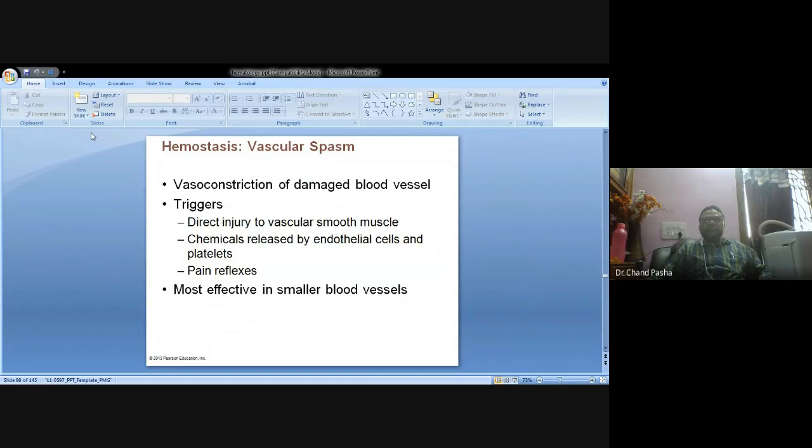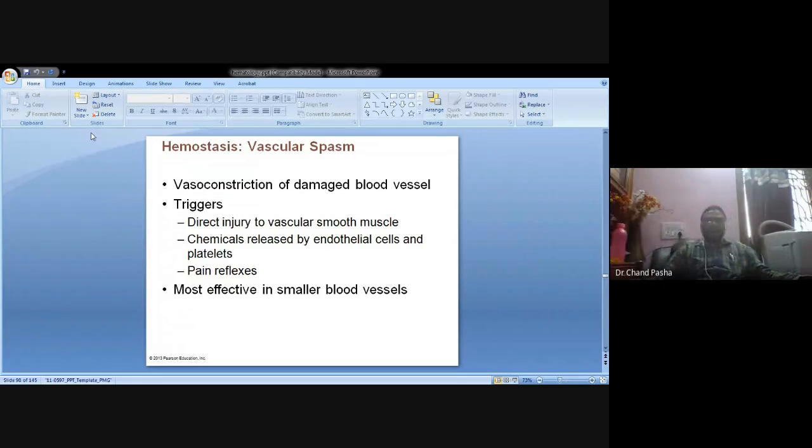So the first thing is muscles. The muscles around the lumen will start contracting, and this vasoconstriction takes place because of muscle contraction. This contraction is induced by the endothelial cells.